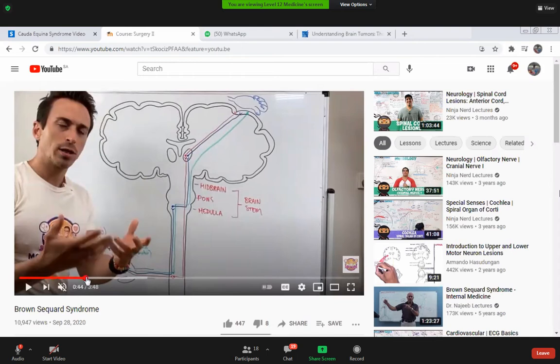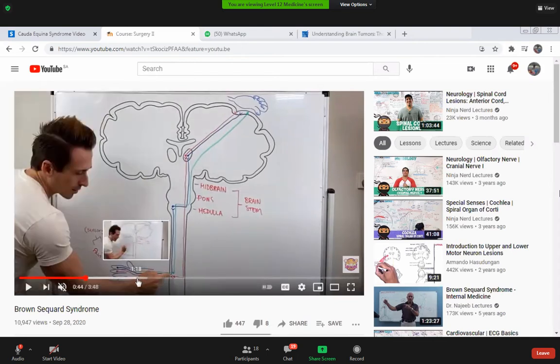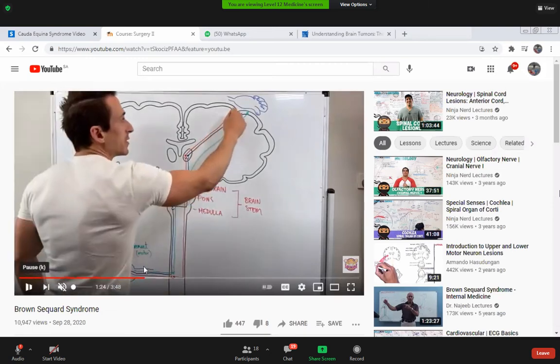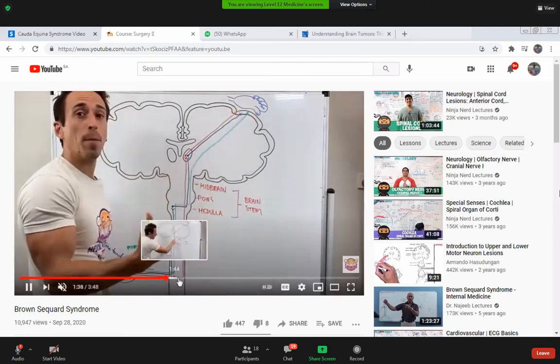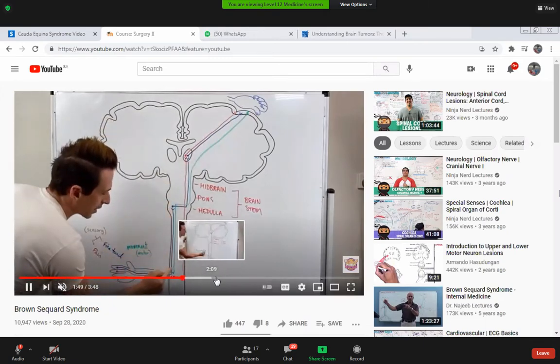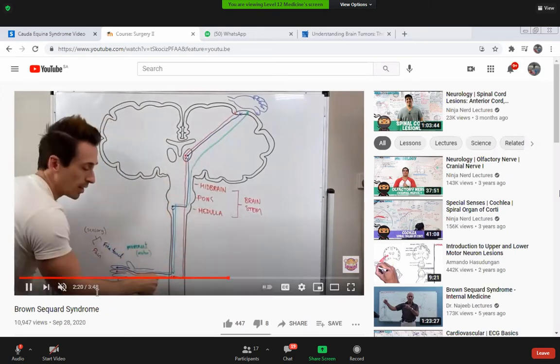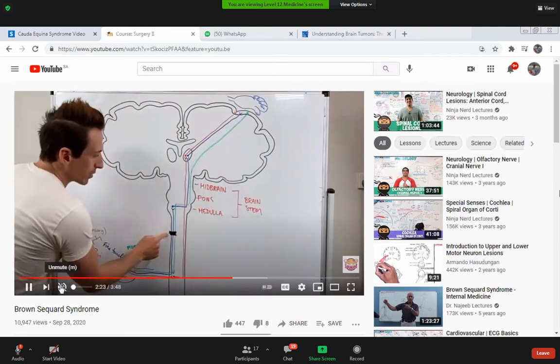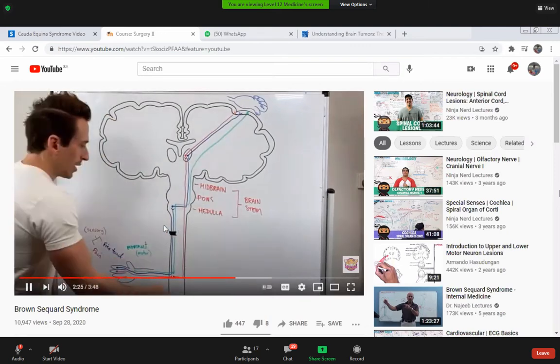Now what happens if there is a transection at this level of the spinal cord?